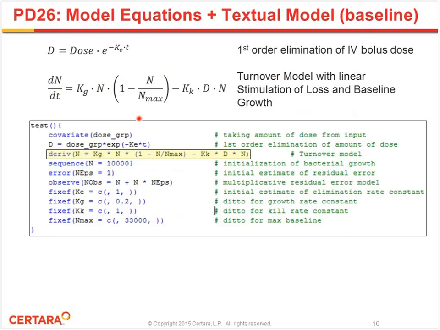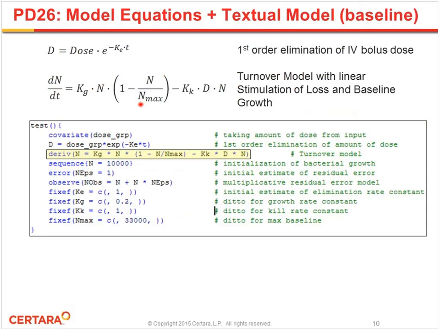So with the extended data set, as I said, we can actually augment our simple model with a more accurate description of baseline growth. So bacteria will grow until a maximum bacterial count in the system is reached. And when the number of bacteria approaches the steady state level, which is expressed with the parameter N max, the growth will stop temporarily.